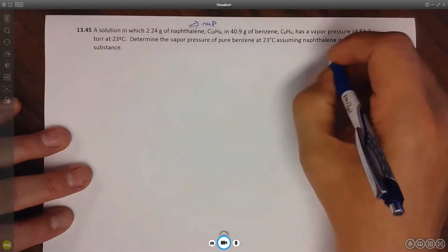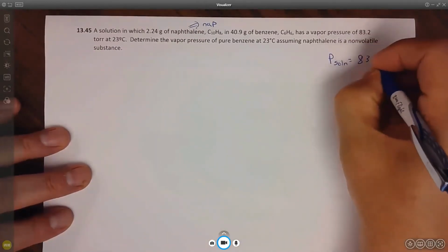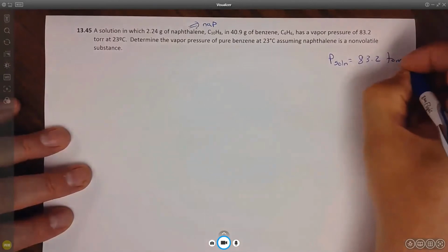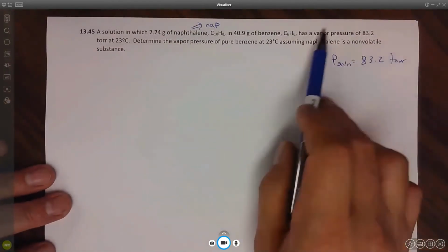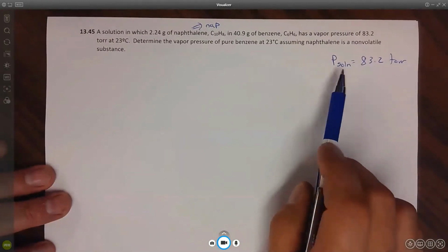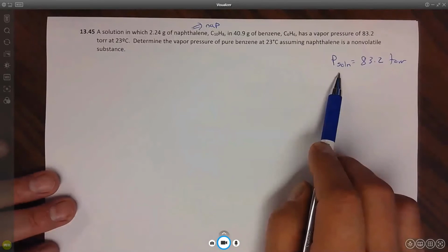So now that's the vapor pressure of the solution, right? Is 83.2 torr. Again, a lot of times it is good to write down the values that you recognize using the variables that they belong to. That's going to make using the correct equation a lot easier.